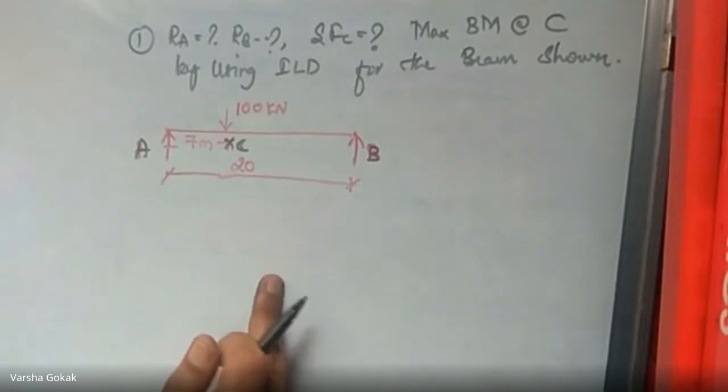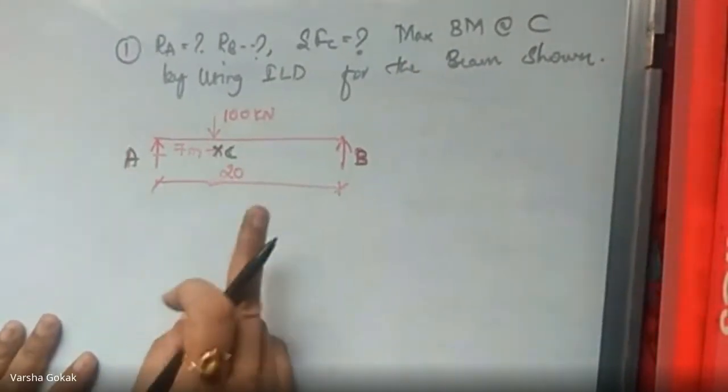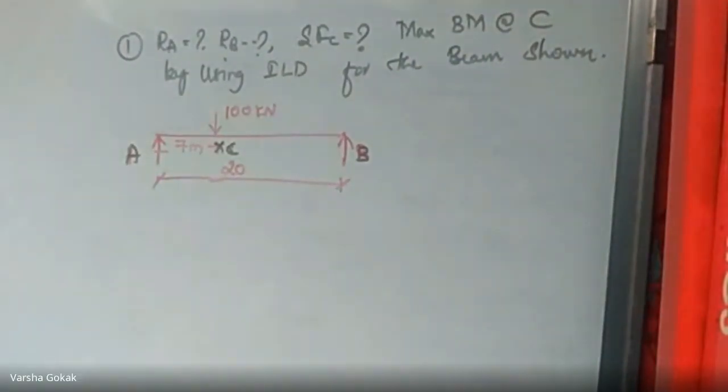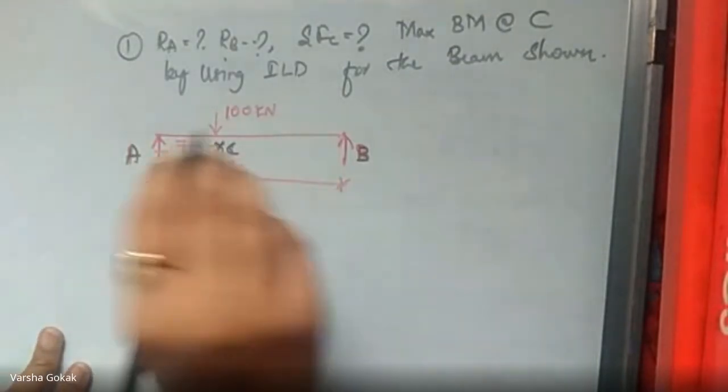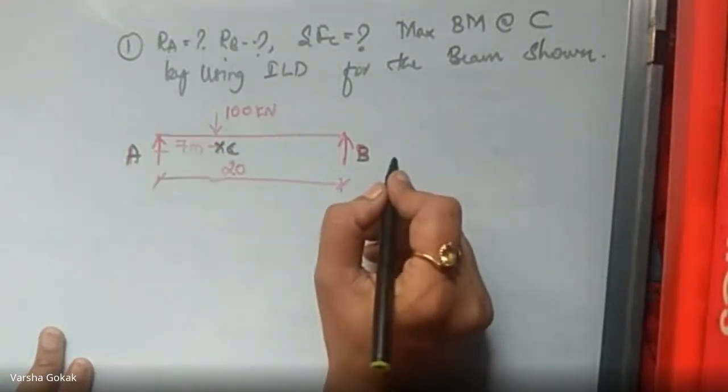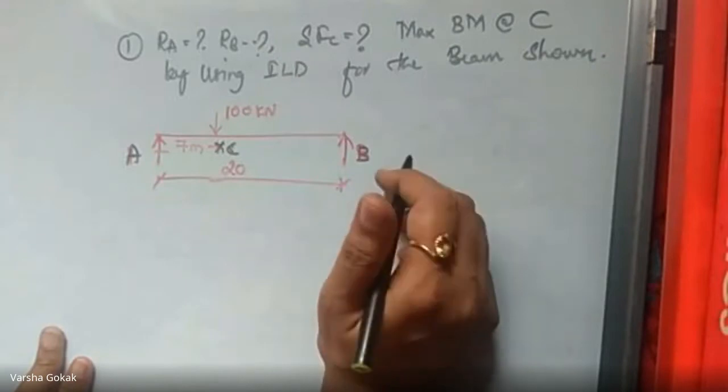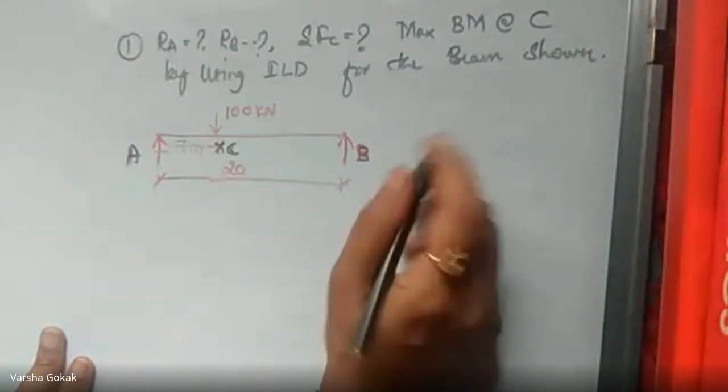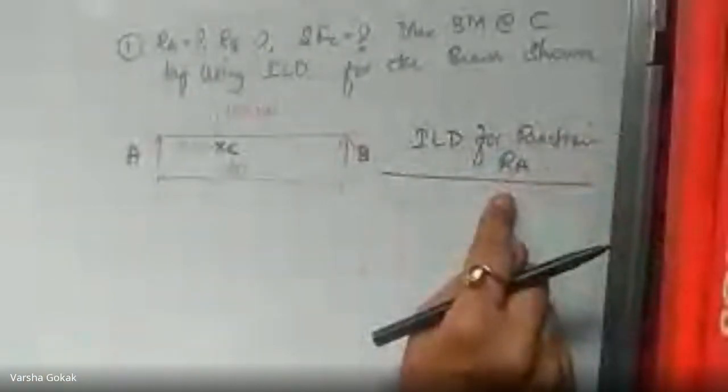We have to find the reactions, and then the maximum bending moment and shear force, everything has to be calculated. So first, when we start solving this, I will first find the ILD for reaction RA. I want to calculate RA using the influence line diagram.